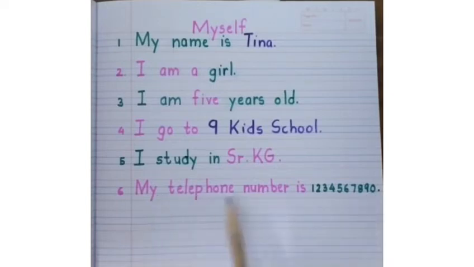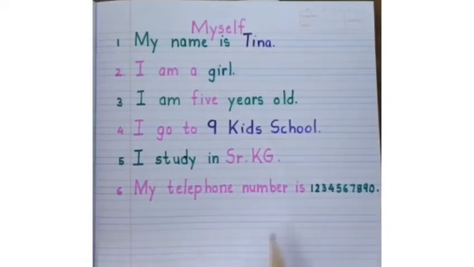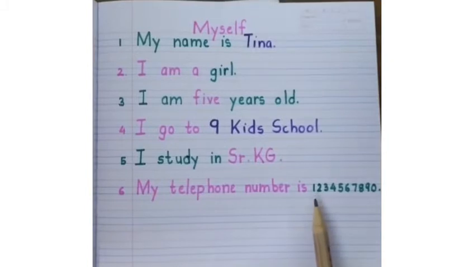My telephone number is 1234567890. Now kids, this telephone number is just for the sample, but you have to write either your mummy's telephone number or your daddy's telephone number.